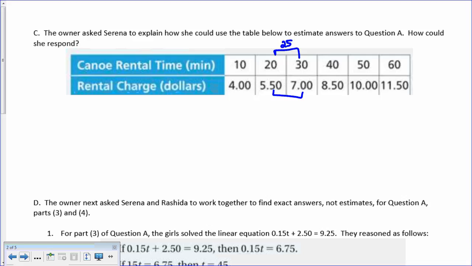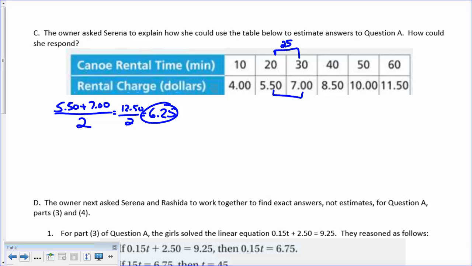So we need to find the middle between $5.50 and $7. If I add $5.50 to 7 and then divide by 2, that will give us the middle. That's $12.50, and when I divide $12.50 by 2, it gives us $6.25. That's the actual answer we got in the first part. So as you can see, we got a pretty accurate estimate there.